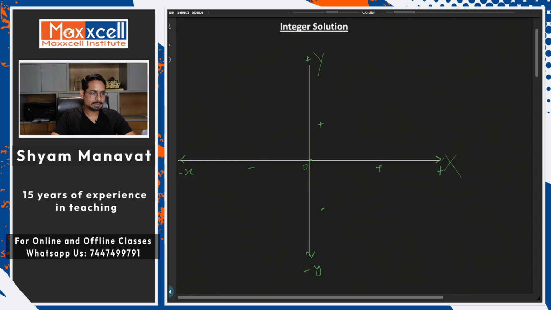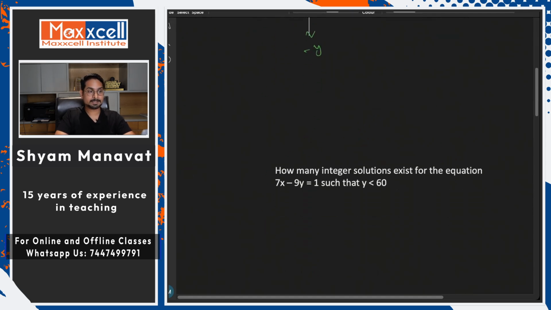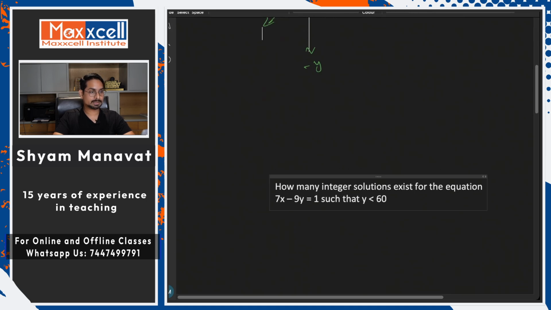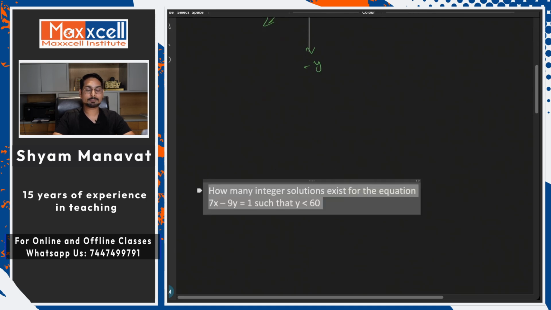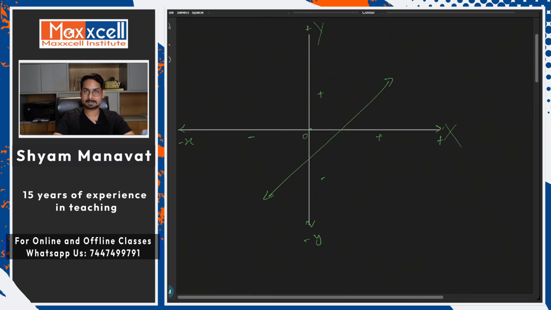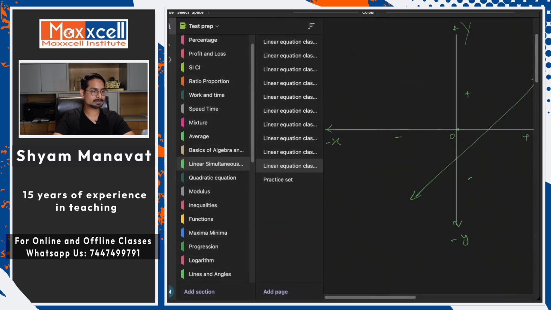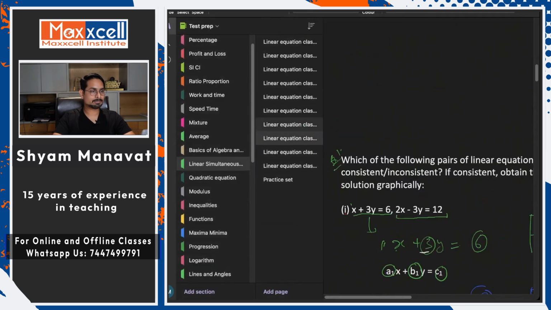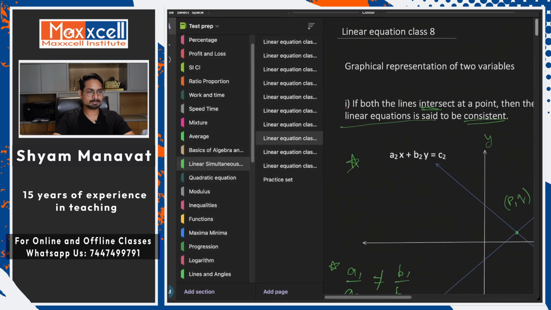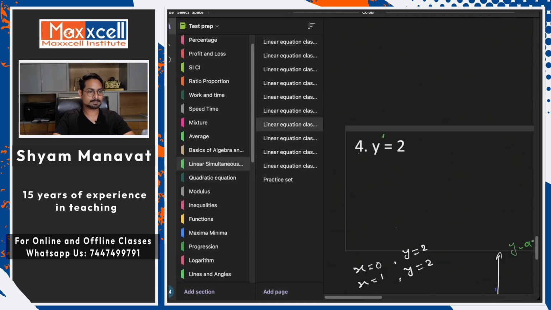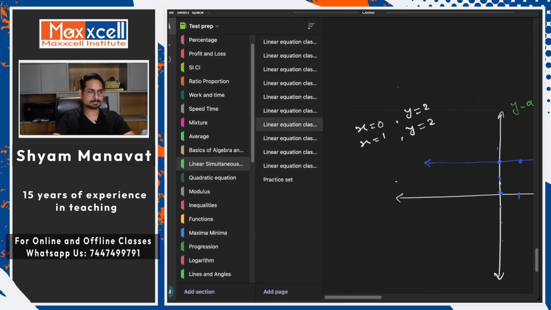Now if you have any single equation, let's say for example this way, this equation will have a straight line. That is the graph you will get for any linear equation. This is what we have studied in previous lectures, if you remember the graphical representation, the straight line.